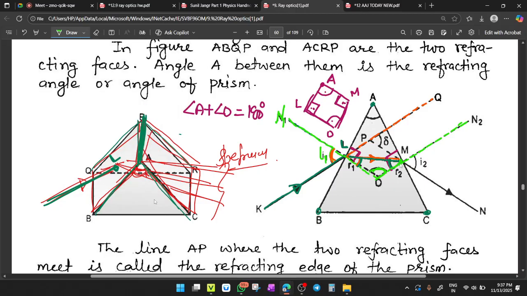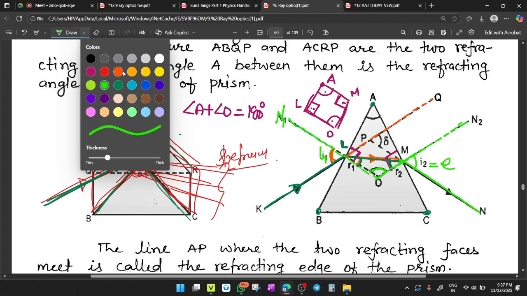With respect to normal, the emergent ray, as it is passing from denser to rarer, will bend away from the normal. Its original path is like this. It bends away from the normal and makes an angle I2. Somewhere it is called angle of emergence E. Angle of emergence E. And finally it is passed out. Clear?